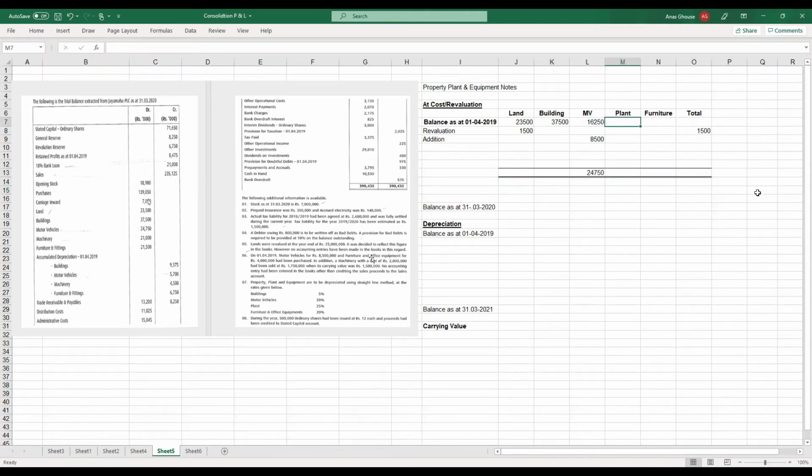In the plant, we had a balance of 21 million, and there was a disposal. We need to show the disposal here. Disposal of 2 million. So if you take the total, it will be 19 million.